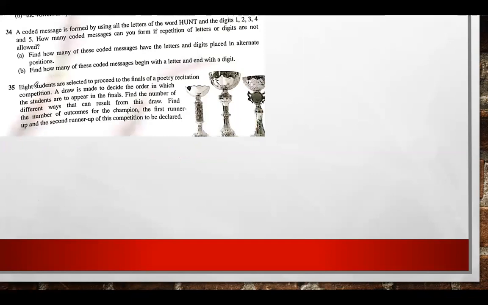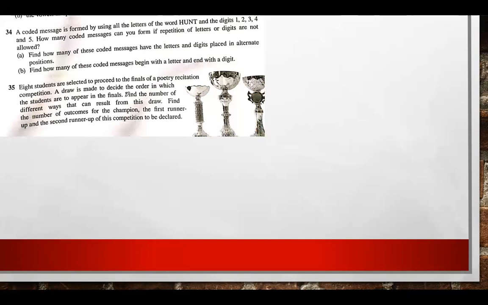Okay, so 8 students are selected to proceed to the finals of a poetry recitation competition. This one seems very long, but I tell you, the longer the question, the easier the question, seriously. A draw is made to decide the order in which the students are to appear in the final. So we draw lots to determine the arrangement. This is a very typical situation.